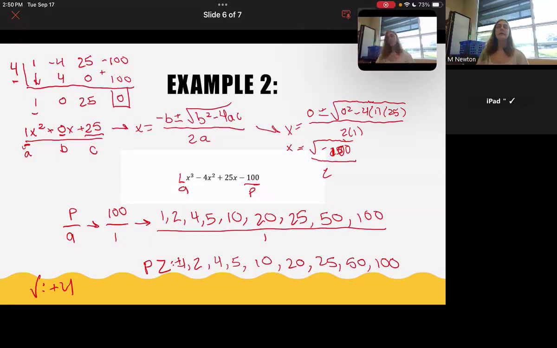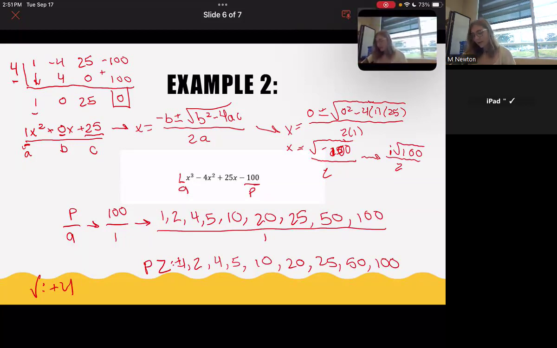So this is when we encounter an imaginary number, because you can't have the square root of a negative number. That's not possible. So to get around that, we're going to put an i in front of our square root and then solve it as if that square root wasn't there. So I just got rid of the negative and put an i in front of the square root.